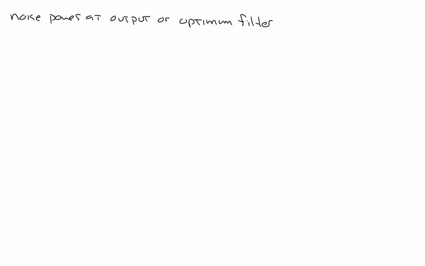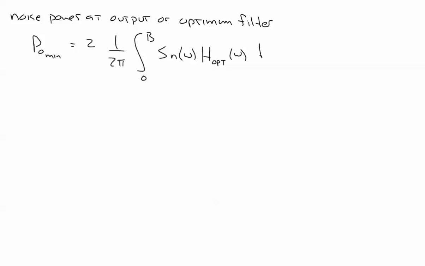Noise power at the output of my optimum filter, P naught min, equals 2 times 1 over 2 pi, integral from 0 to B of S n of omega H optimum of omega d omega. And of course, my noise power spectral density is N naught over 2.